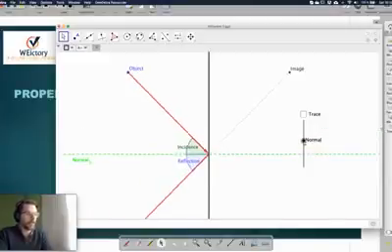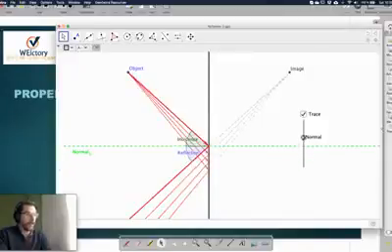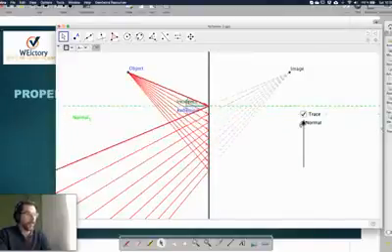And if we take a closer look at this ray now, we can see that the ray reaching the mirror at this point down here will be reaching with a higher angle of incidence, and therefore it will have a higher angle of reflection.